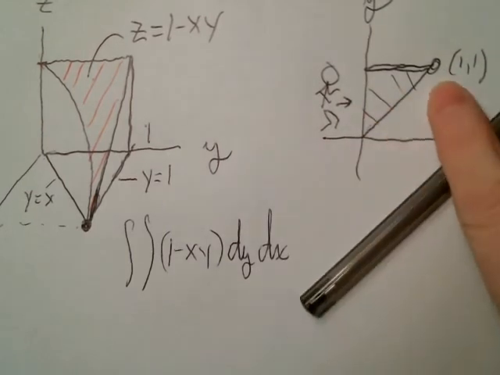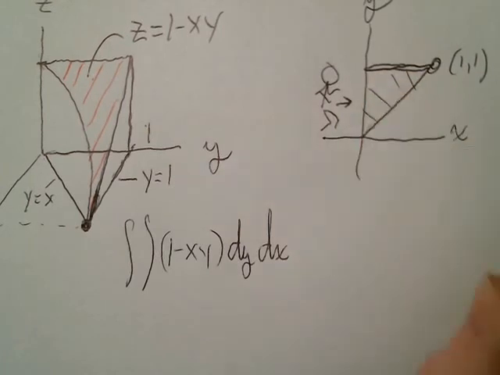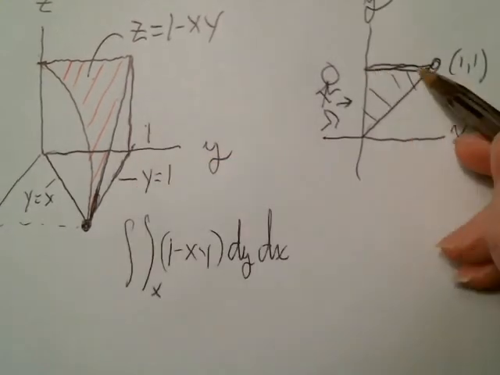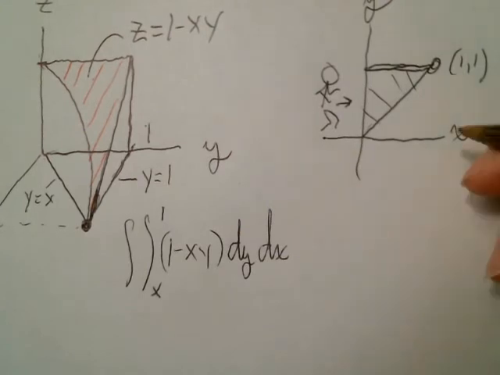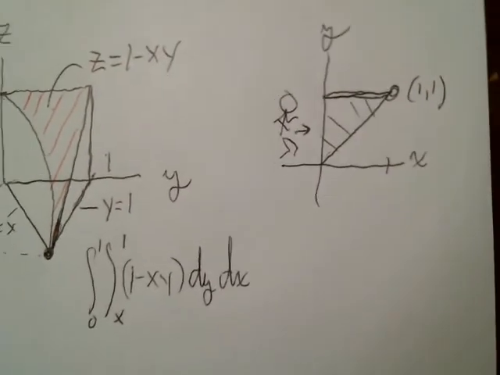So I'm going from this curve to this curve here, so y equals x to y equals 1. And the Riemann man is running from 0 to 1. Okay, so that's our first integral.